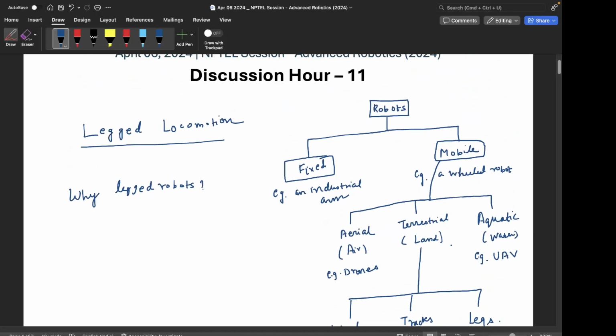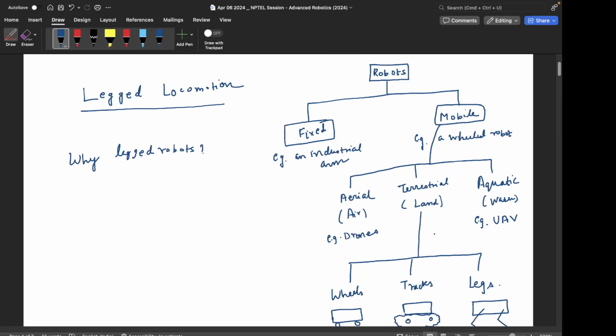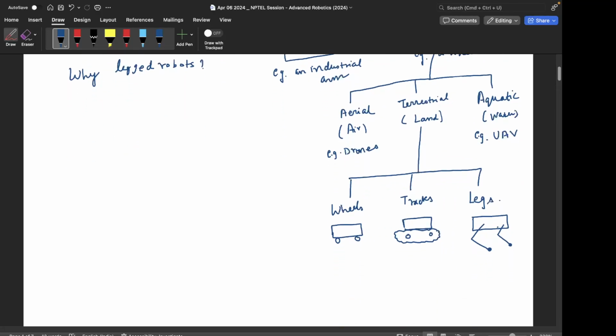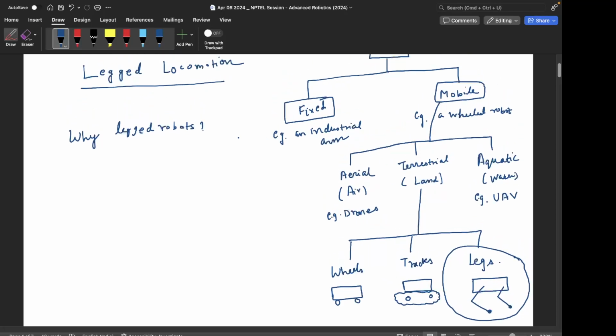Okay, so this is sort of a classification that we can do, and we will focus on these kind of robots, legs, very interesting class of robots.